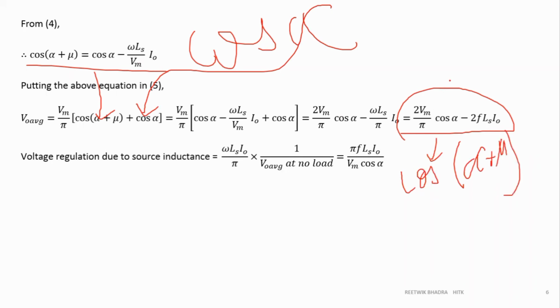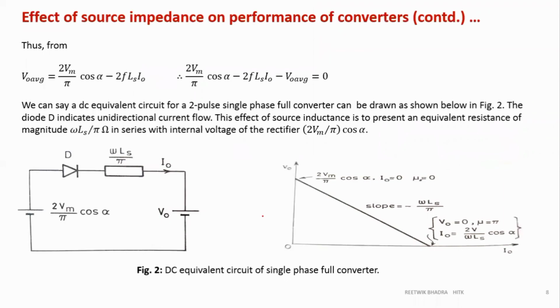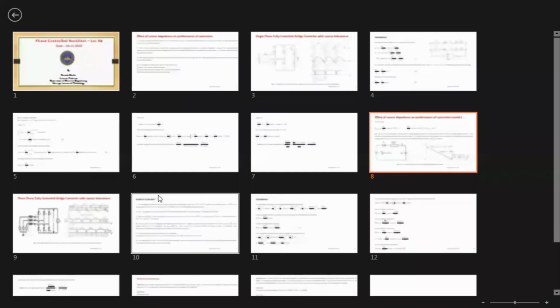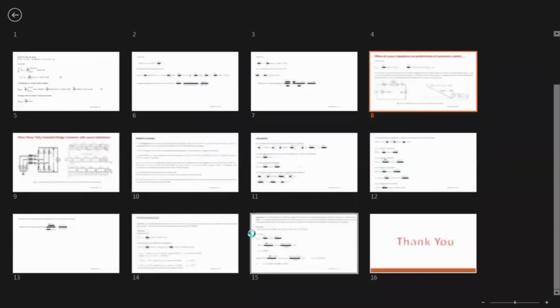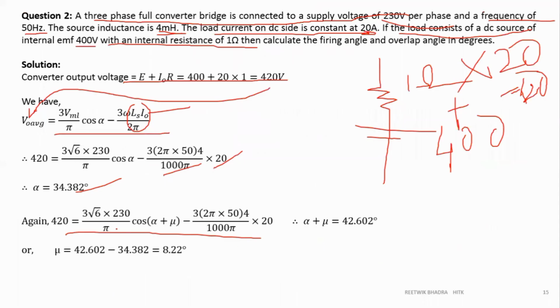You have to remember both equations, in terms of cos alpha and in terms of cos alpha plus mu, because in this problem you need both. If you directly use this equation with alpha and mu both unknown, you can't calculate both.